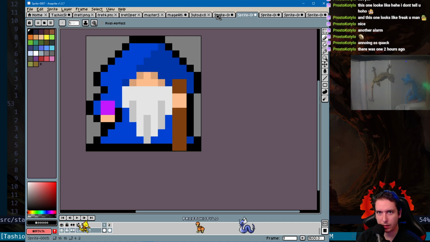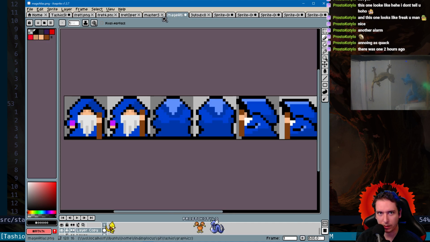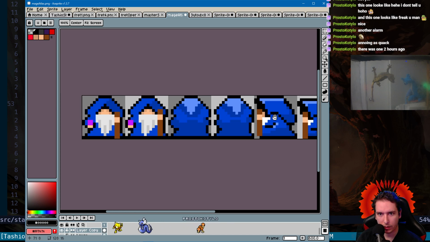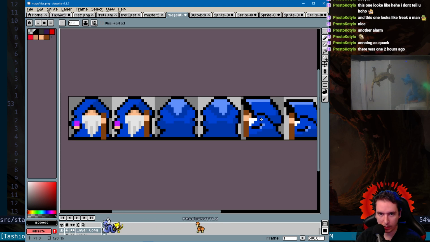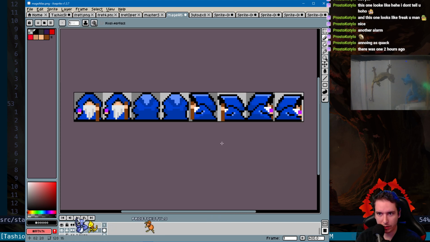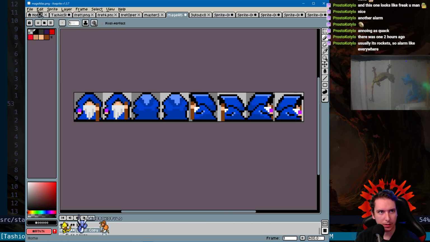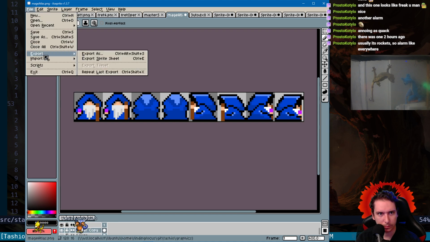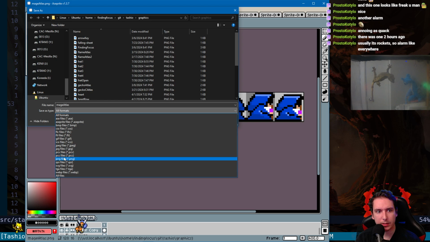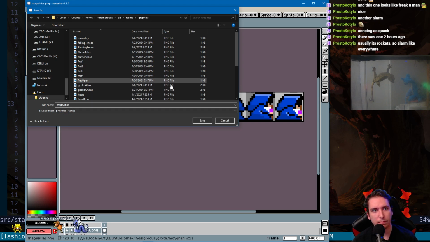It's just missing some shadow, I think. Let's keep it like this for now, and then I can come in and tweak the shadow. So we should have all of the sides here. We can save it as a PNG, mageAtlas.